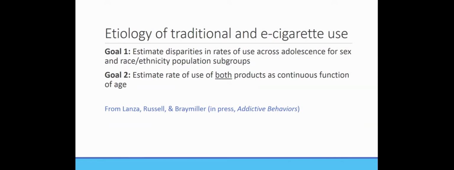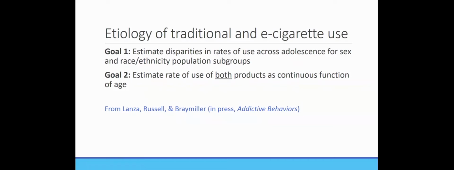So the goals of this specific study were to understand a little bit more about the etiology of traditional and e-cigarette use and co-use. So first, we wanted to estimate disparities in the rates of use across adolescents. And when I say disparities, I mean sex differences and racial ethnic differences in the rates of use of the two products. And we would use TVEM for that.